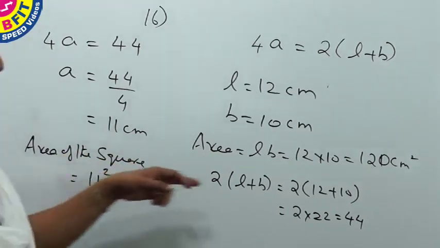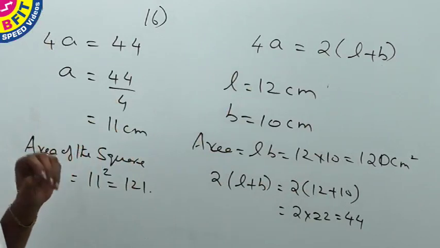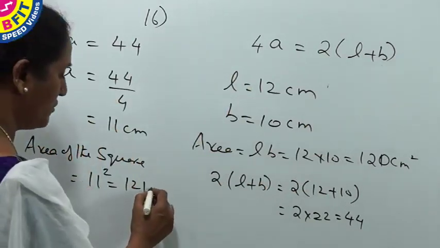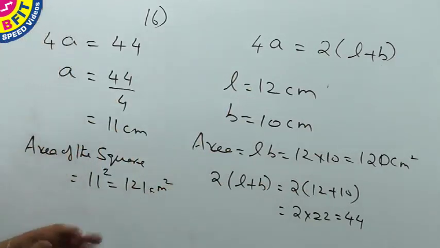So we have got area of the rectangle as 120 centimeter square and area of the square as 121 centimeter square. So by what percentage is area of the square more than that of the area of the rectangle?